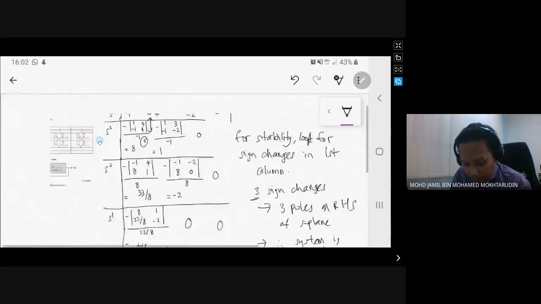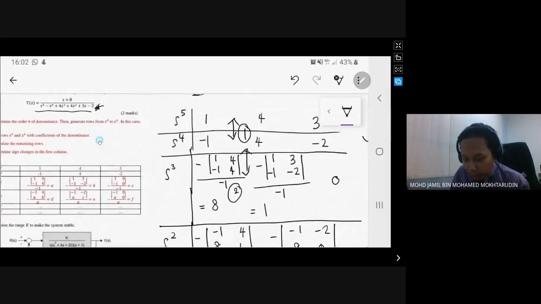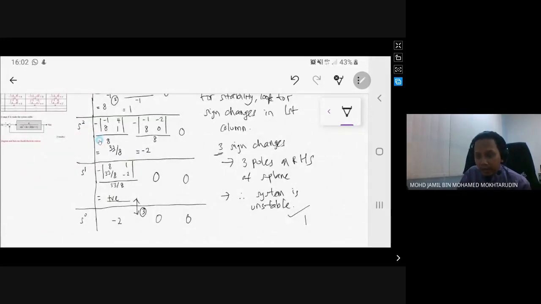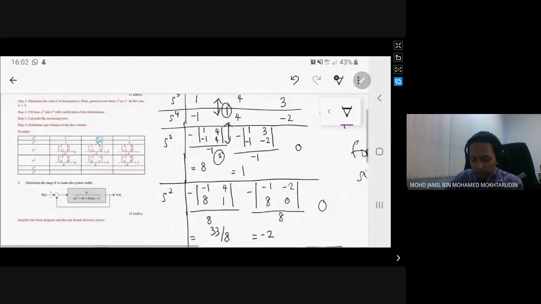Okay, because it's a very small marks, only 2 marks. So you don't need to minus 1 mark and then get 0, even though you write the correct answer. System is unstable. Maybe lose 0.5 marks, something like that. Okay. All right. Any question for question 1?